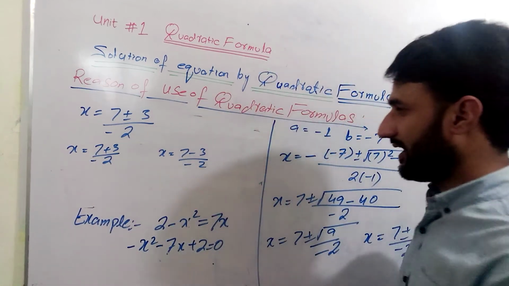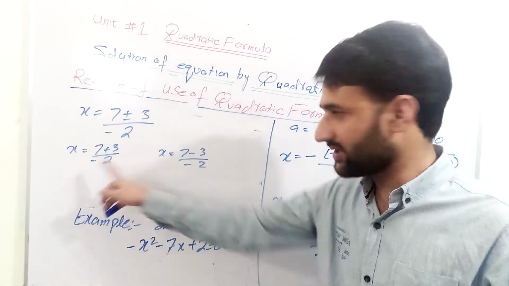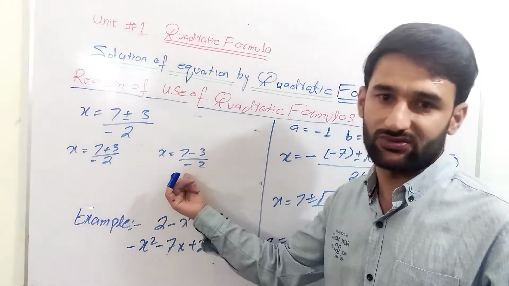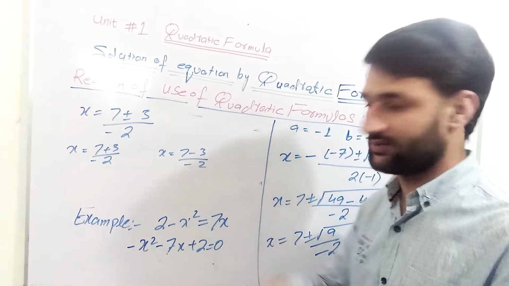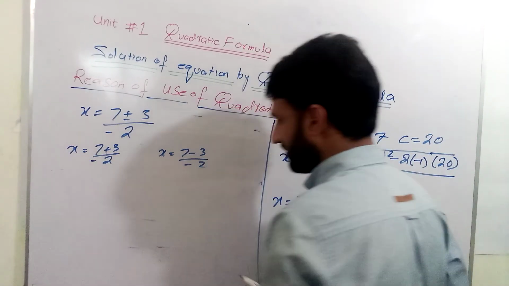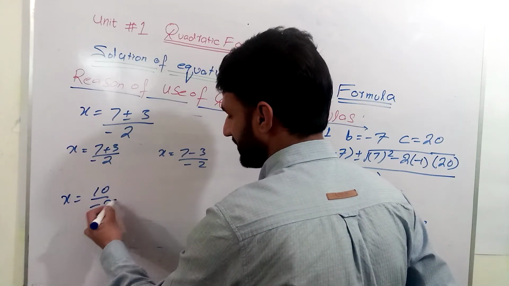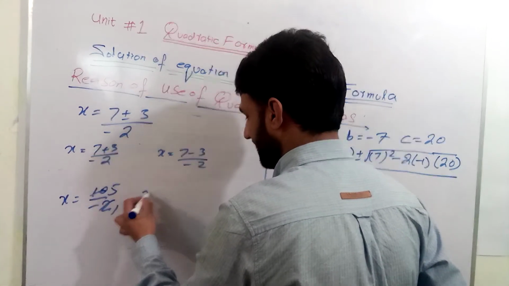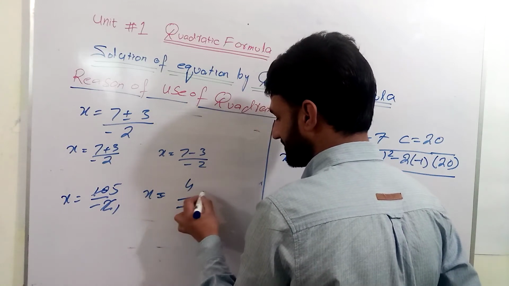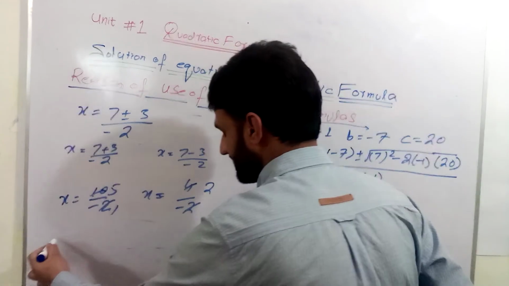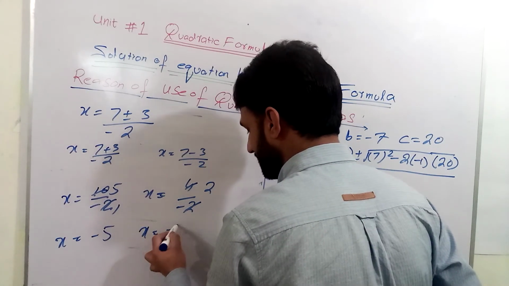The reason is that here is the plus sign, the first will give the first solution, and the negative will give the second solution, right? We get 2 solutions of the required equation. So x is equal to 10 divided by negative 2, which is minus 5, and 4 divided by negative 2, which is minus 2. Here x is equal to minus 5 and x is equal to minus 2.